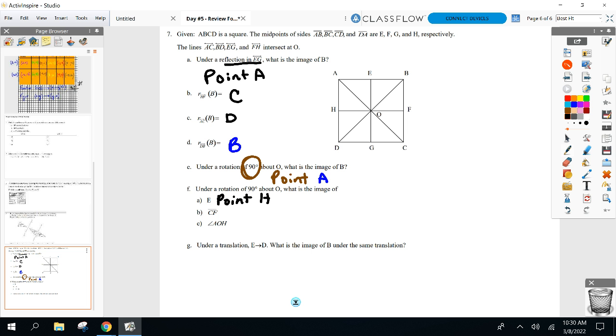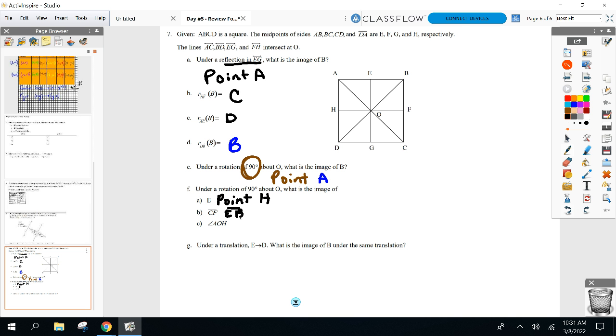Yeah, you can turn your paper still and say, hey, what's originally in that spot? And what is originally in that spot? What line segment now? CF moves to EB. Nice job, everyone. EB. Good work.